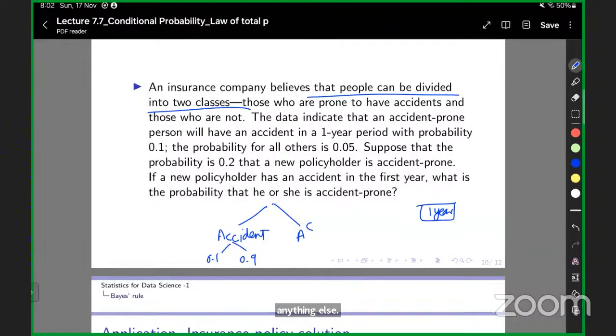Okay, suppose that the probability is 0.2.